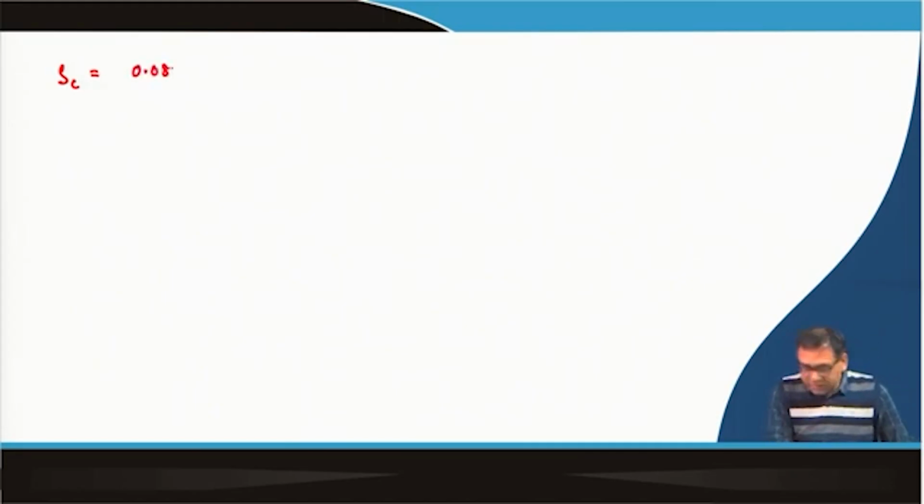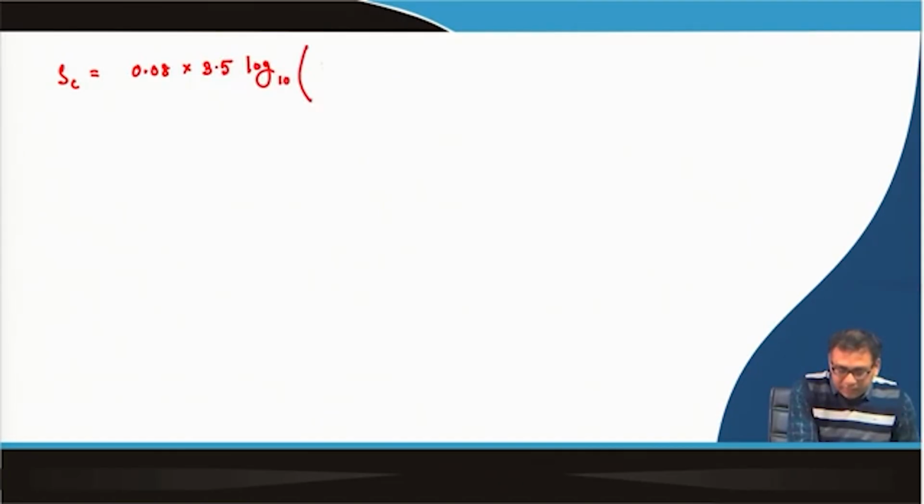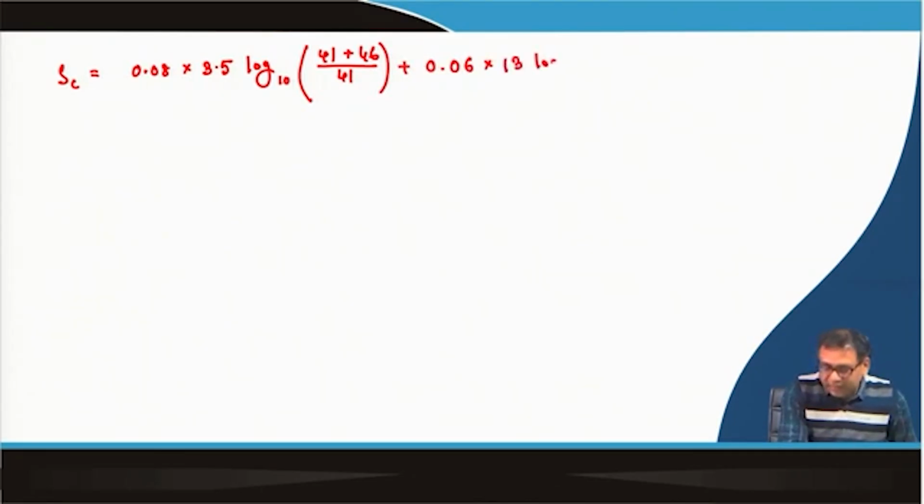layer 0.08 and thickness of the first layer below the foundation is 3.5, then log 10, this is 41 plus 46 divided by 41. Then for the second layer 0.06 into 13 is the thickness of the second layer, then log 113.5 plus 19.84 divided by 113.5.